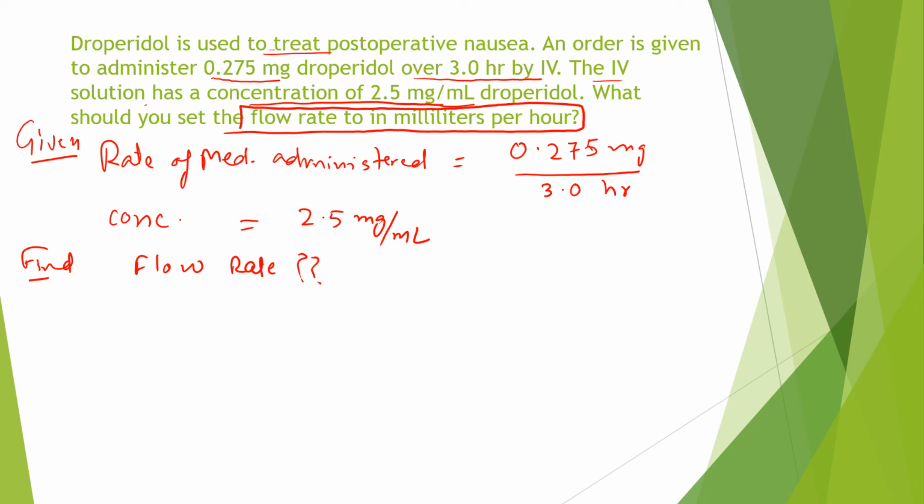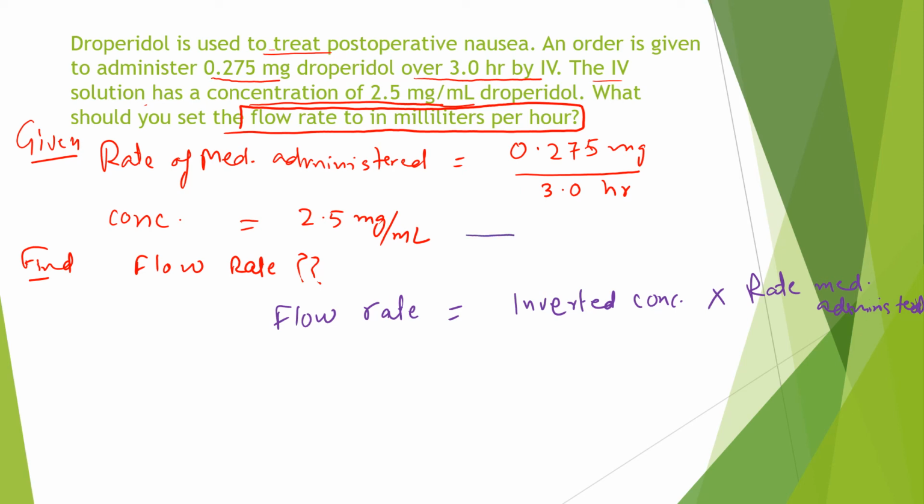Earlier we saw the formula for flow rate: flow rate is equal to inverted concentration multiplied by rate of medicine administered. So concentration is given.